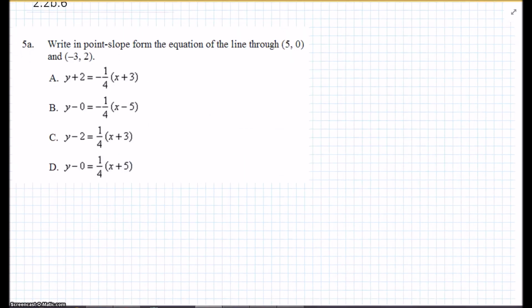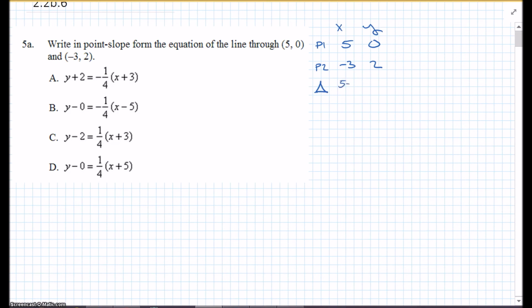So write in point-slope form the equation of the line through 5, 0 and negative 3, 2. So here's what I'm going to do. My first point's value is 5 and 0. The next point is negative 3, 2. So I can find the difference just by doing math. What is 5 minus negative 3?